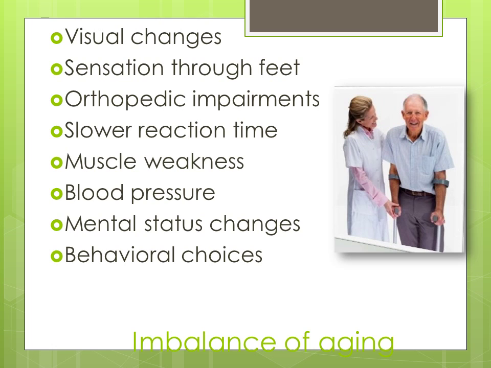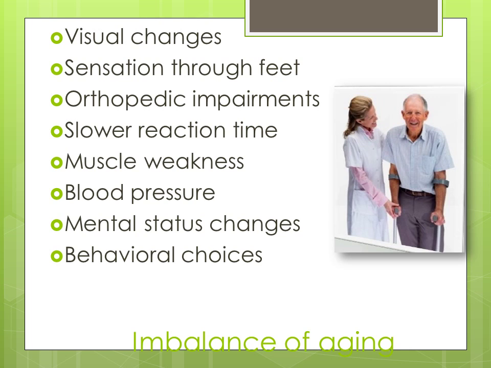Maybe they've had injuries or arthritis along the way that's impacting the proprioception in their joints. They don't react as quickly. They might have some muscle weakness, which, by the way, vitamin D and calcium not only help bone health, but help muscle health for your muscles to react quicker. So one of the best things we can do and cheapest is encourage people to get with their doctors and get on supplements with vitamin D and calcium.